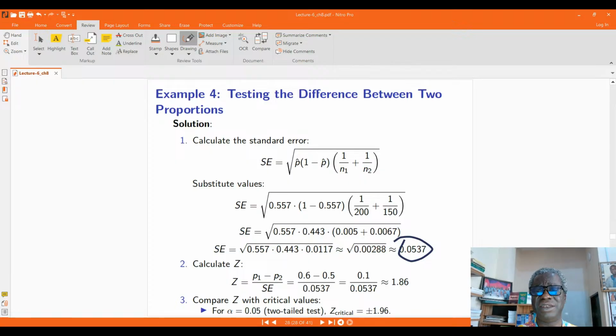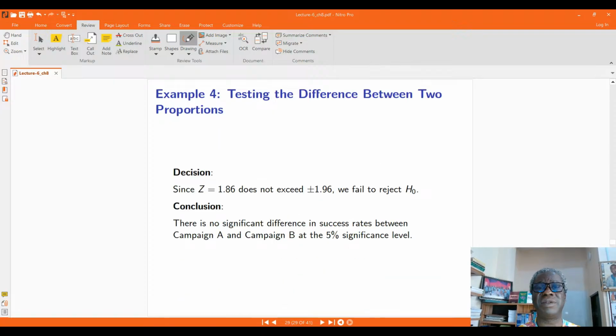And then you can now compute the Z statistic by getting the numerator P1 minus P2, and that leads you to 1.86. And then since your alpha is 0.05, as usual, your critical value is plus or minus 1.96. You have to take a decision now.